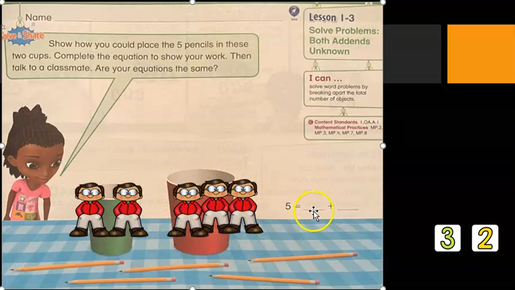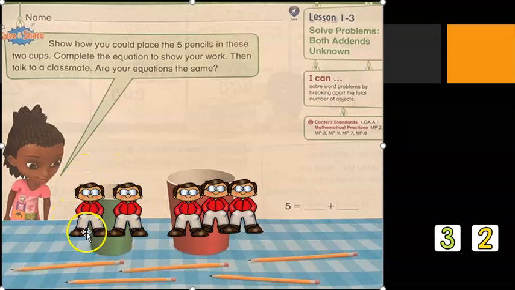So look here. We need to put numbers in here for our addition equation. We have our answer here, but we need to know what 2 numbers go here. So first graders, what number goes here first? What number? Look back at your picture again. How many boys are at the green cup?